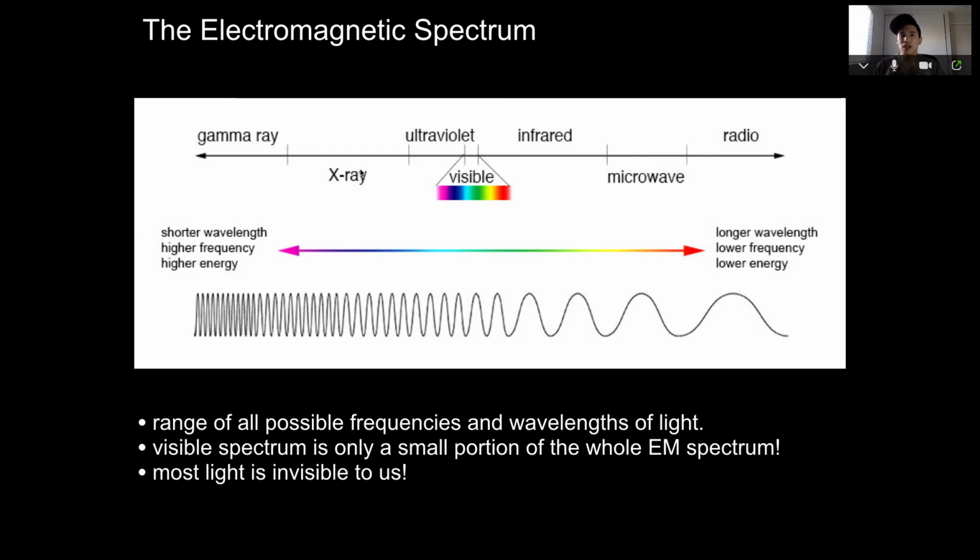And so now you can see here, right? Now you have another physical quantity to work with, which is energy. Shorter wavelength means higher energy, and longer wavelength means lower energy.